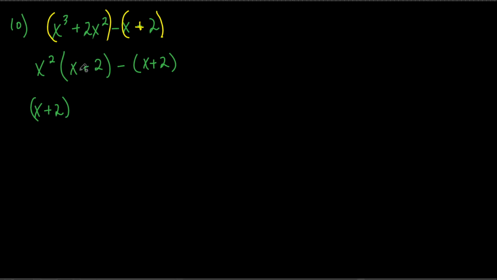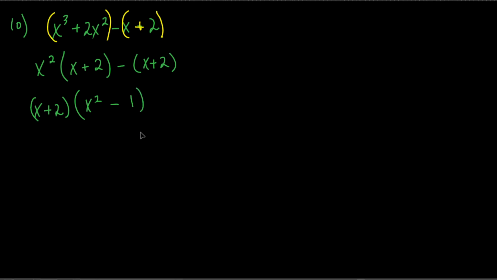So if I take this and divide by an x plus 2, I'm left with an x squared. Put a minus. What if I factor out an x plus 2 from this? If I pull it out, it looks like there's nothing left. But remember what I'm doing. I'm dividing. So what's x plus 2 divided by x plus 2? Well, anything divided by itself is 1, so x plus 2 divided by x plus 2 is 1.